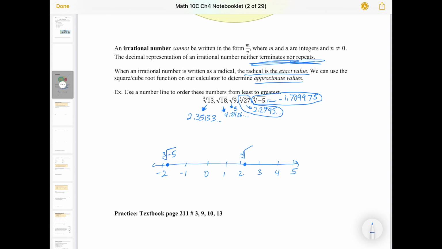Fourth root of 27. The cubed root of 13 is pretty quick after it. The square root of 9 is exactly on 3.